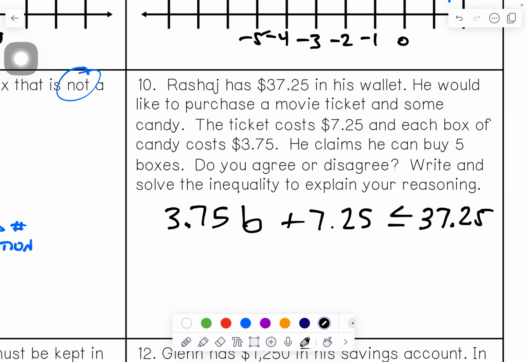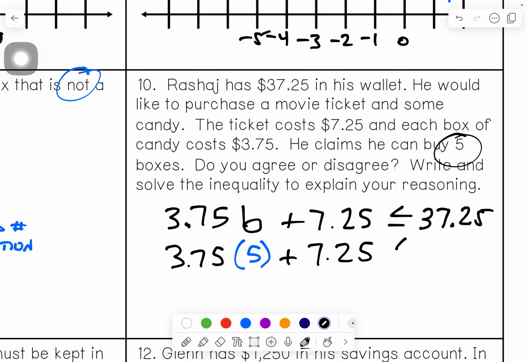Now he says he can buy 5. So what we want to do is plug 5 in for the B. So we're going to have $3.75, and we're going to plug in 5 for B, and add $7.25 to it, and see if it's less than or equal to $37.25.